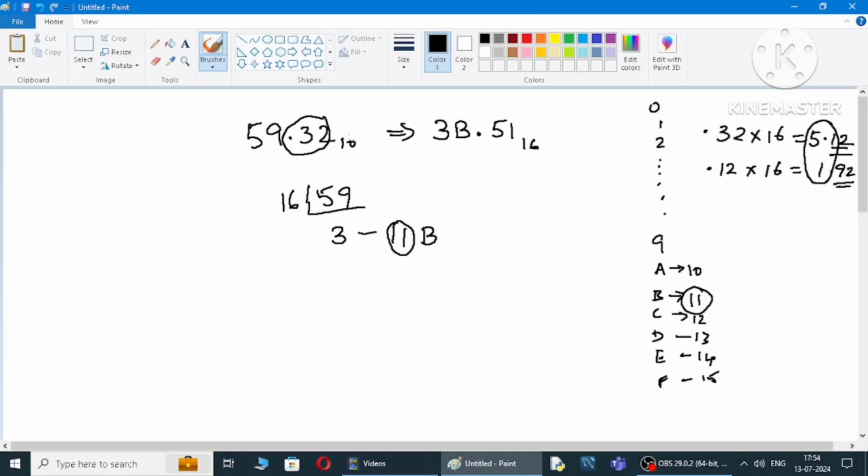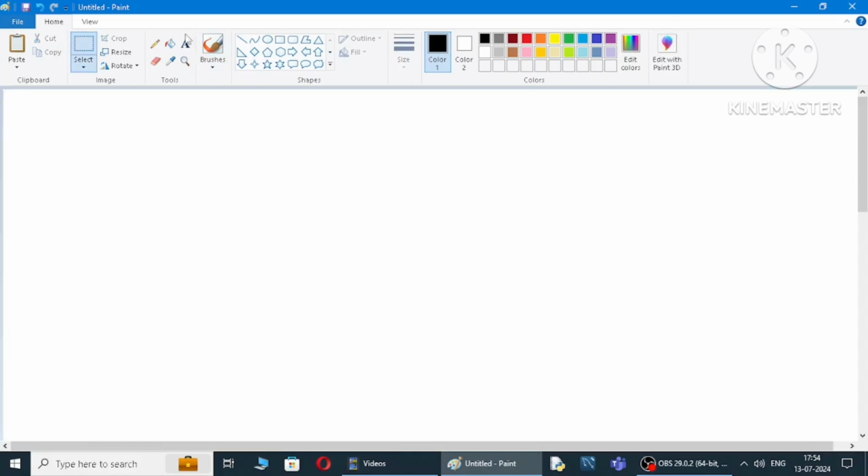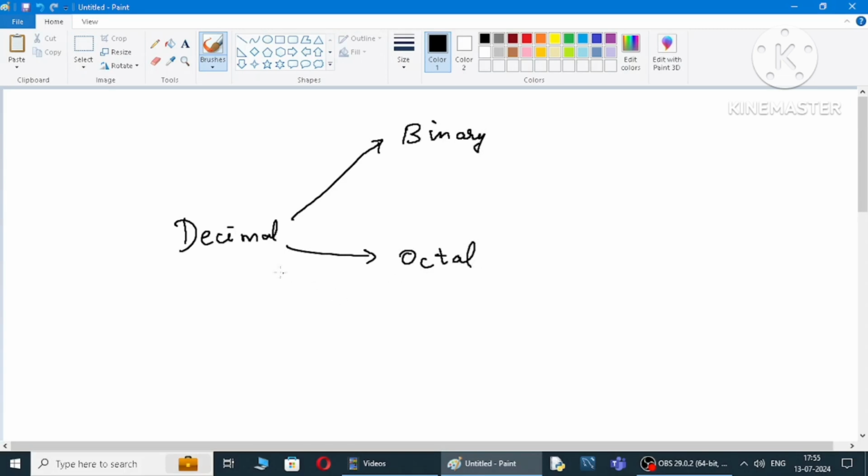So 59.32 is a decimal number. Its hexa equivalent is 3B.51. So remember, whenever you convert a decimal number to binary or octal or hexadecimal, what is the method of conversion?